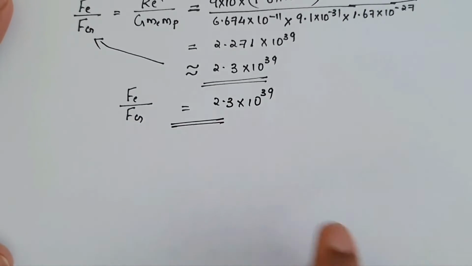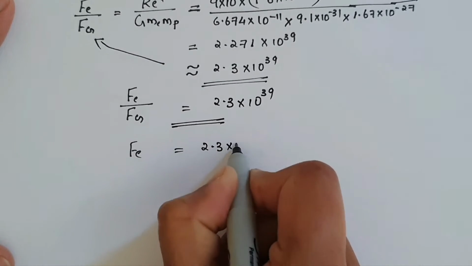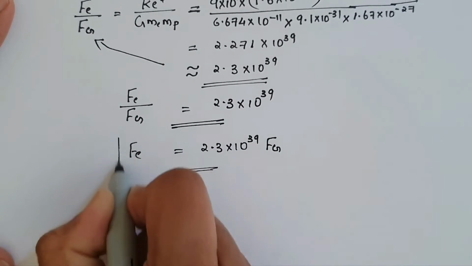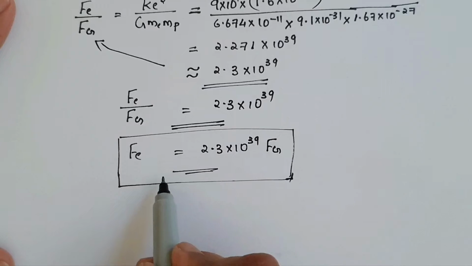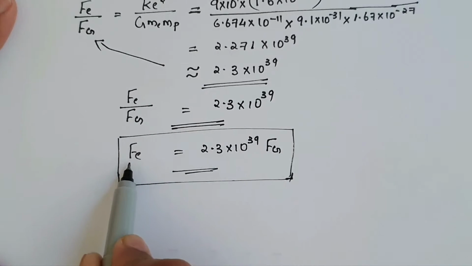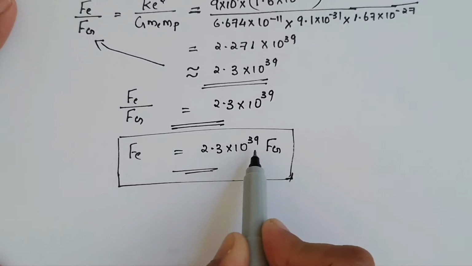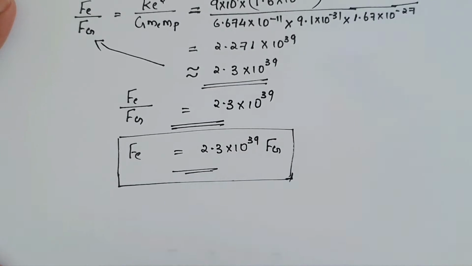From this, what is Fe? That is 2.3 into 10 raised to 39 Fg. That is, the electric force between an electron and a proton is 2.3 into 10 raised to 39 times stronger than the gravitational force between them.